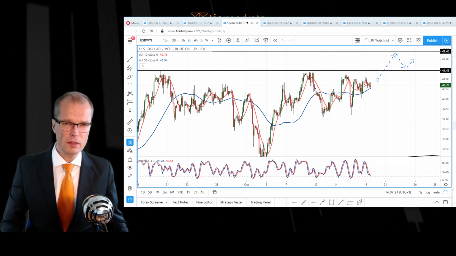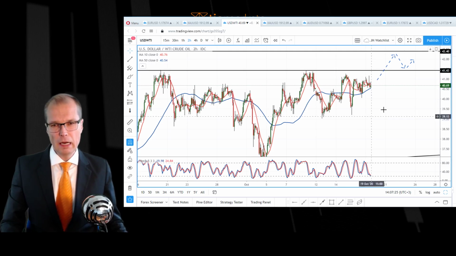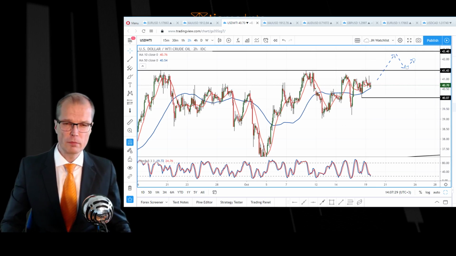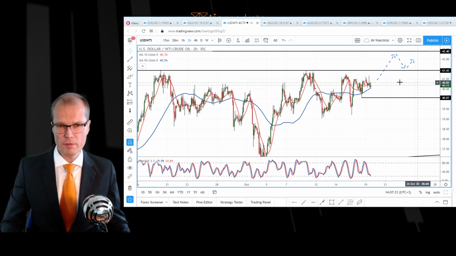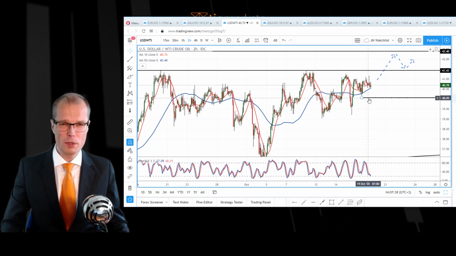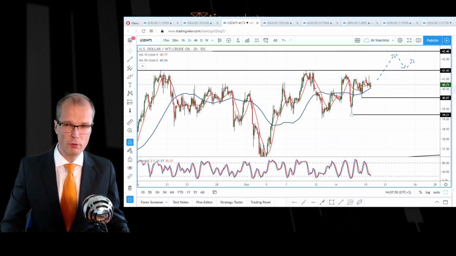But I think because we have this lower high here in place, there's a good chance that we see the market moving lower first. And if the weakness continues, I think we would probably see the market breaking this 40.07 support. And then the question would be, where are the next levels? 39.21 is obviously a key level here.